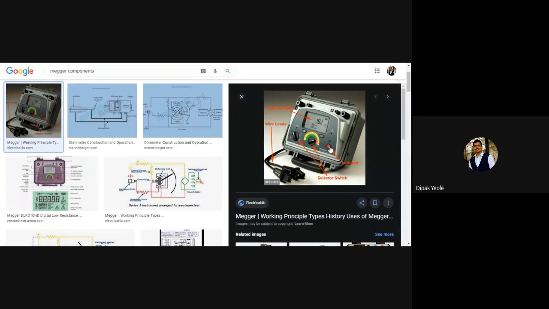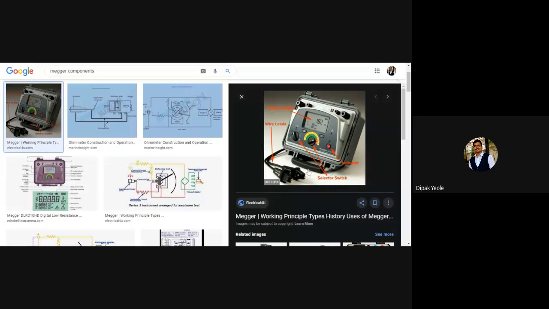This is the indicator. If our connection is okay, this indicator is going to glow. This is the selector switch for a particular range, and this is the selector switch for a particular area also. A handle is available over here, and you can place this Megger in a small toolbox.